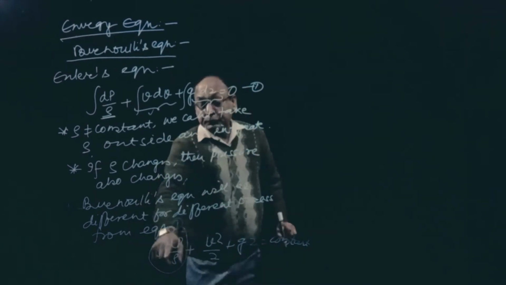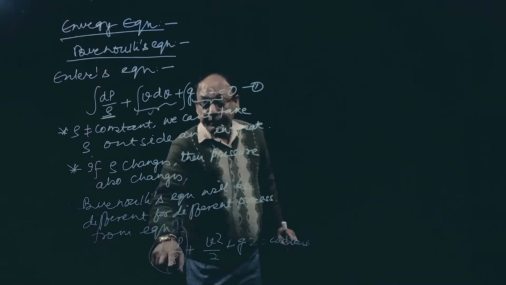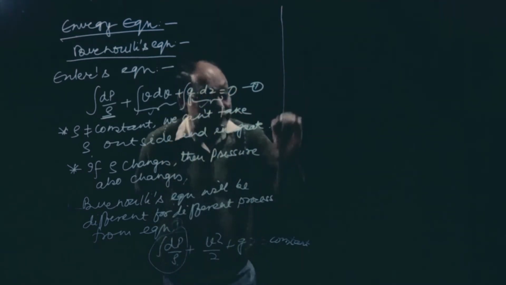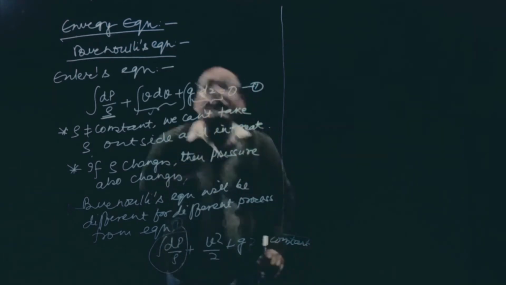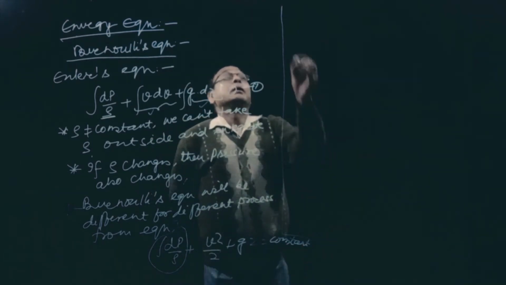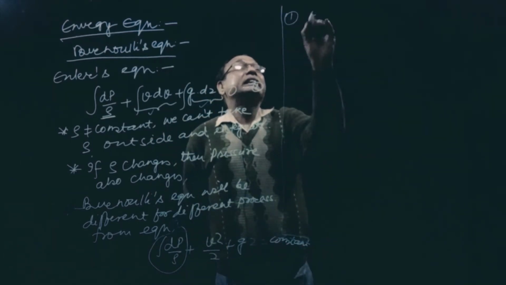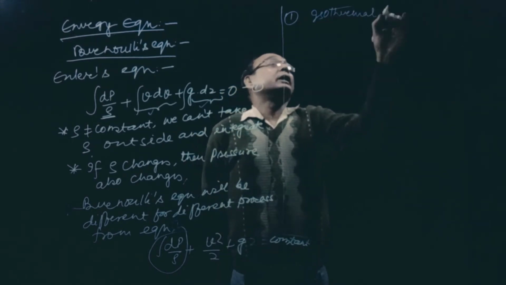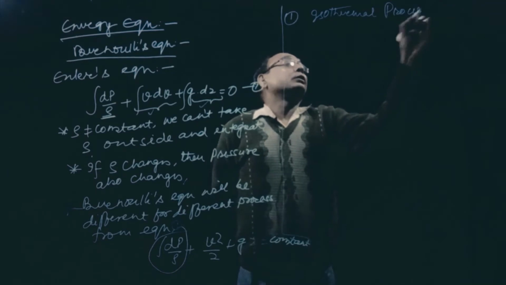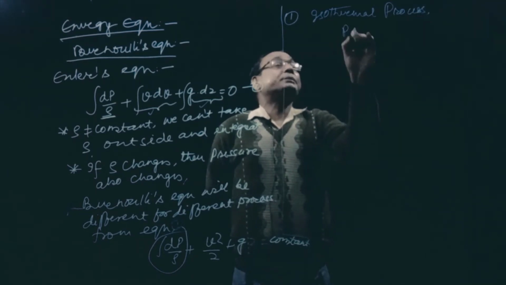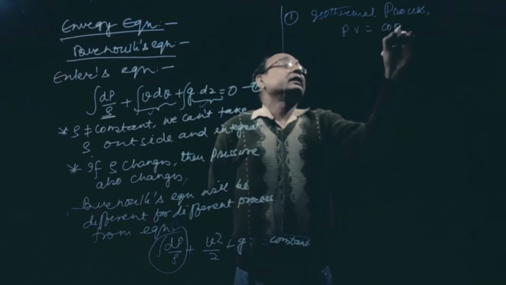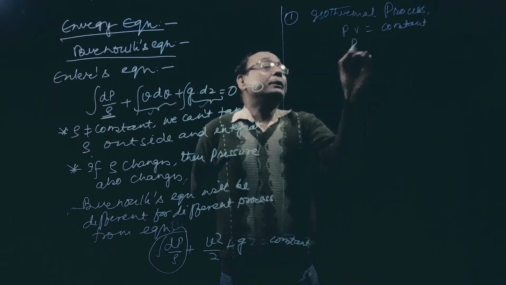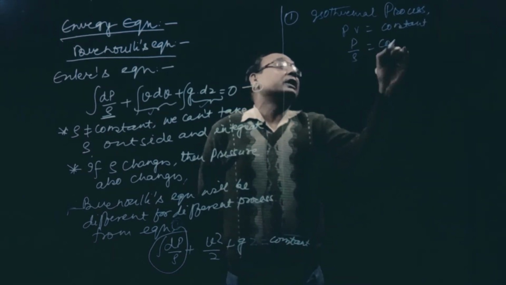Now we have to convert this dp by rho for the thermodynamic processes, because we are discussing compressible flow. First, let us see the isothermal process. The isothermal process is PV equal to constant C, or P by rho equal to constant. Why?